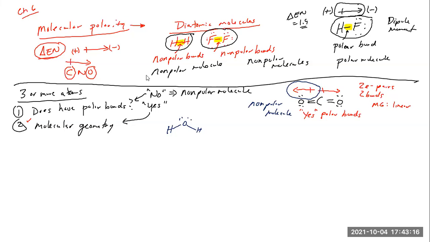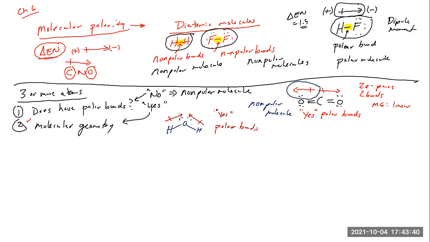Again, the bonds between oxygen and hydrogen are polar. Oxygen is further to the right than hydrogen on the periodic table. So if we were to draw those arrows, they would be heading towards the oxygen here. So just like the other one, yes, we do have polar bonds.